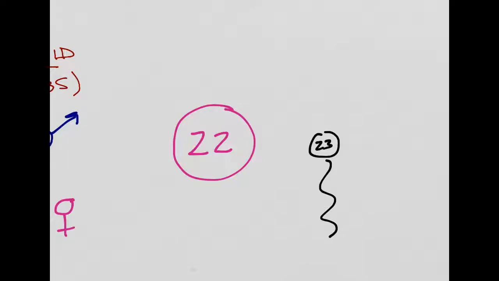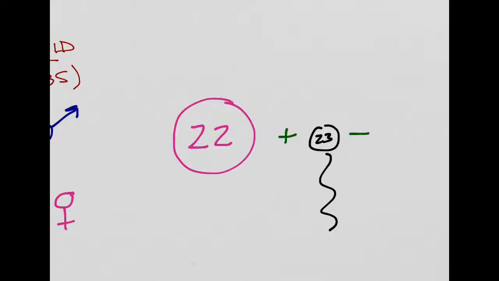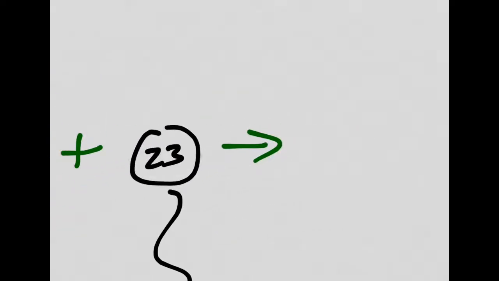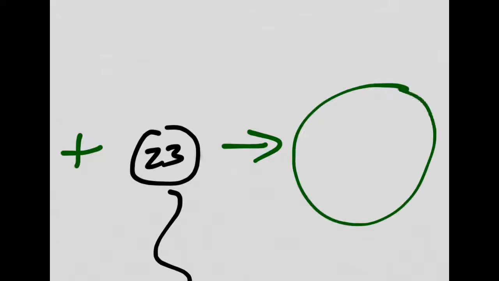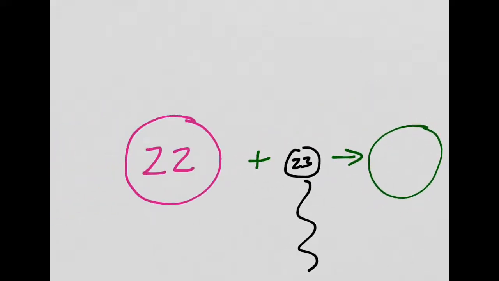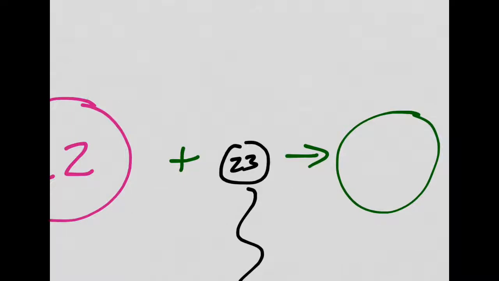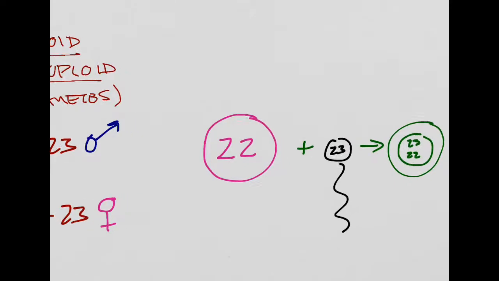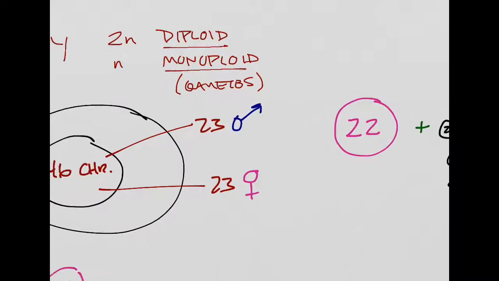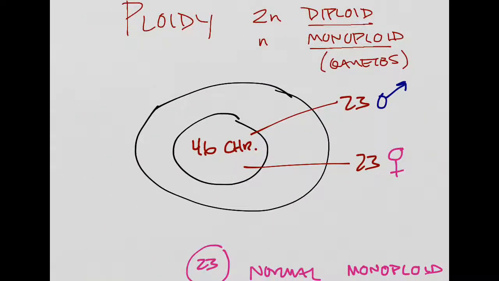Obviously, when you combine these two things, you're going to produce the first body cell, or what's called a zygote. But that would have an issue, right? That first body cell would not have the right number because you'd have 23 from dad, but you'd only have 22 from mom, and that would only give you 45 chromosomes instead of the diploid situation, which is the 46 chromosomes that we see over here.